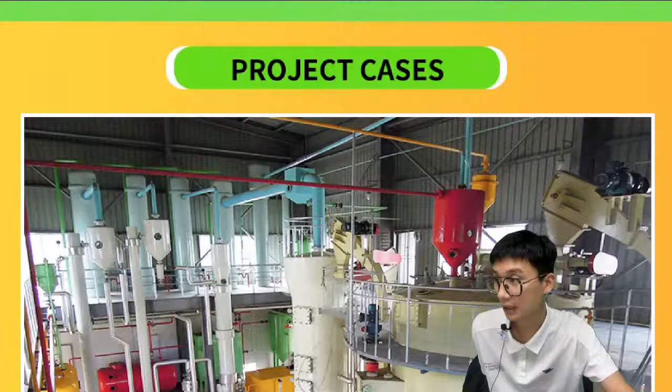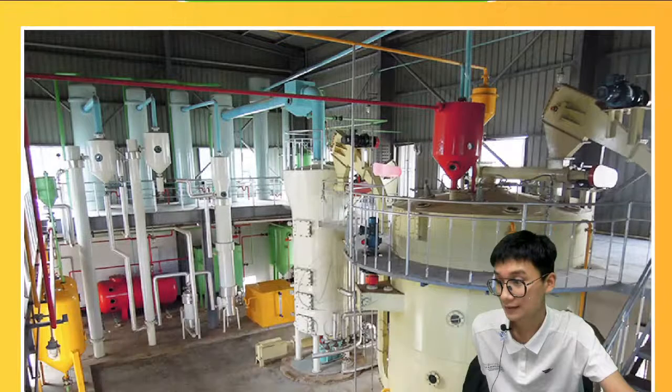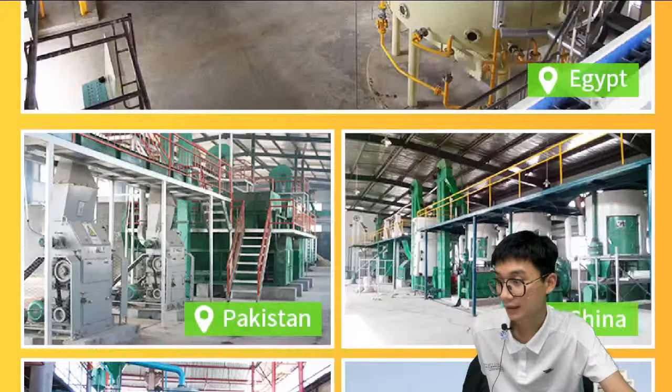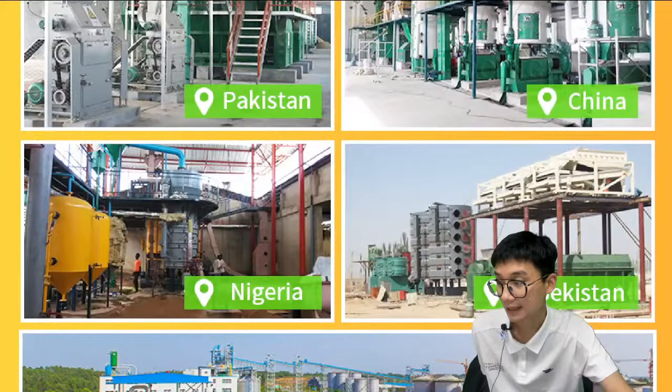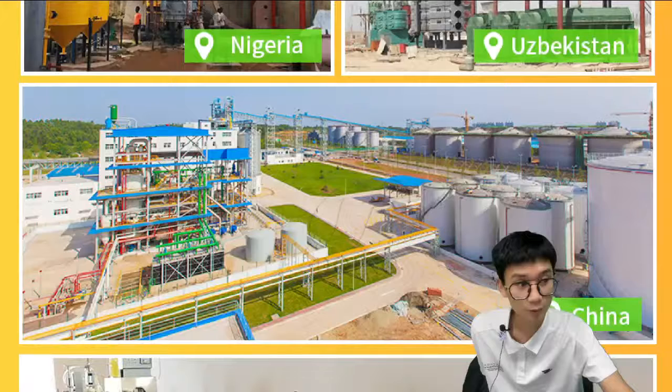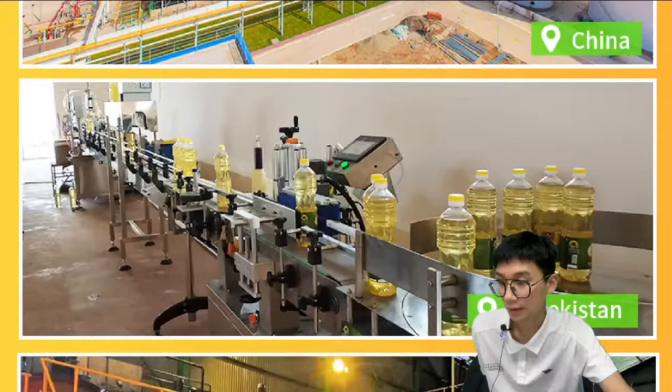Yeah, this is our previous project cases. Pakistan, China, Uzbekistan, Nigeria, and also this one, it is also from China. And another one for Uzbekistan for a sunflower oil pressing line.